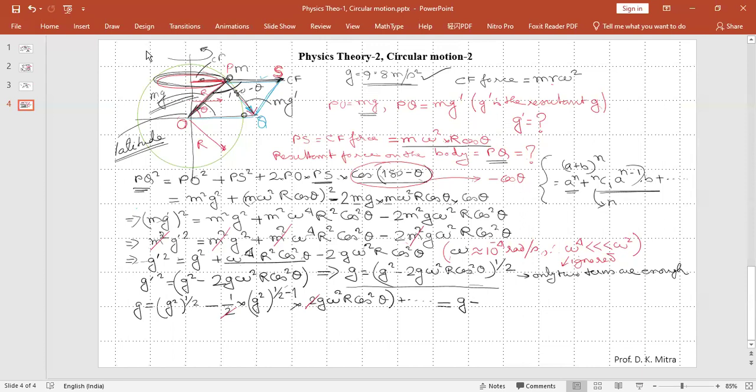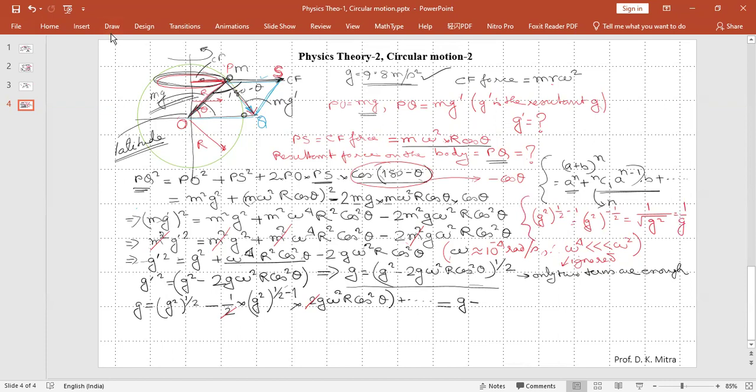And what is g square to the power half minus 1? g square to the power half minus 1 is equal to g square to the power minus half, which is 1 upon root of g square. This is equal to 1 by g.